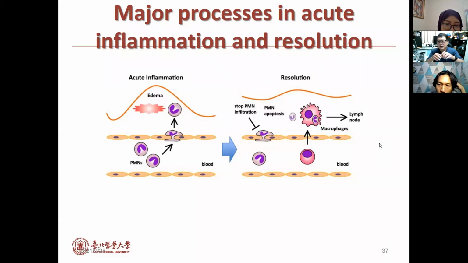Okay, and what happened? Mast cells will release histamine. Histamine can increase blood flow rate, increase flow speed, increase vascular tone, and increase the gap between endothelial cells, right? We are bleeding, okay?